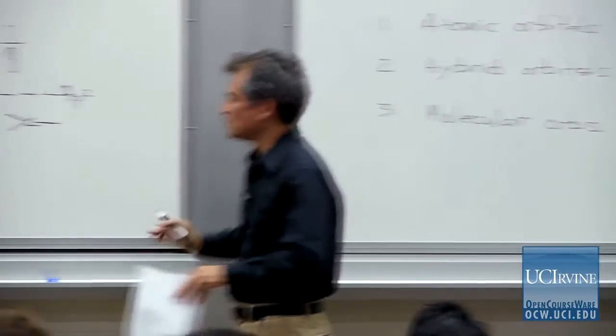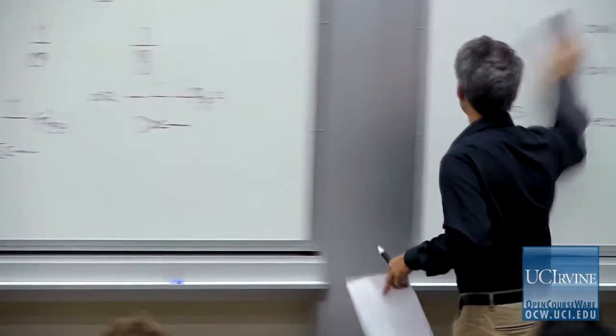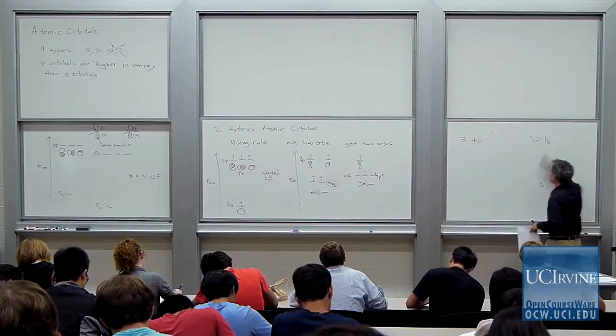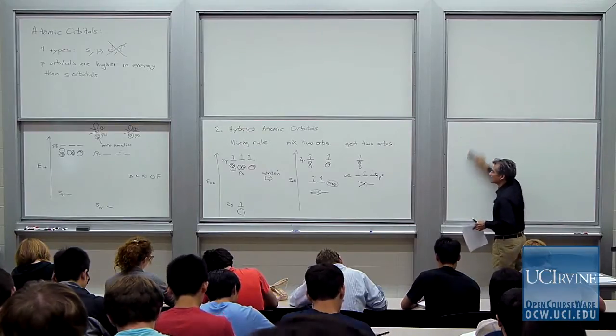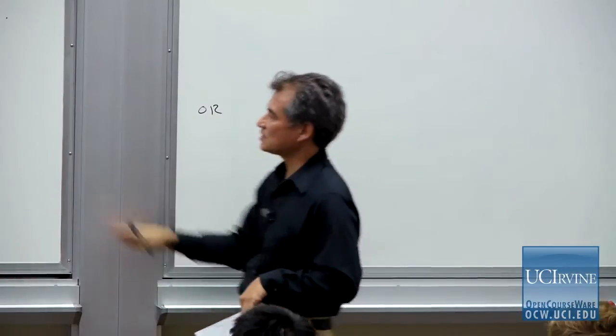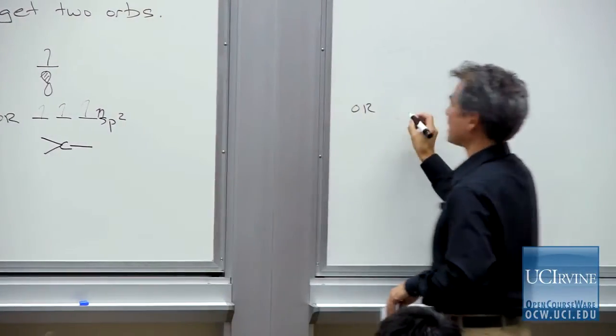Finally, I'm going to try to move to the other board here. I'll draw the last possible hybridization combination. And I shouldn't say last possible. These are kind of extremes. But if we understand these extremes, then we can understand things that are in between. And then finally, the last combination is to take these 3 orbitals and mix them with this last p orbital to add even more p character.